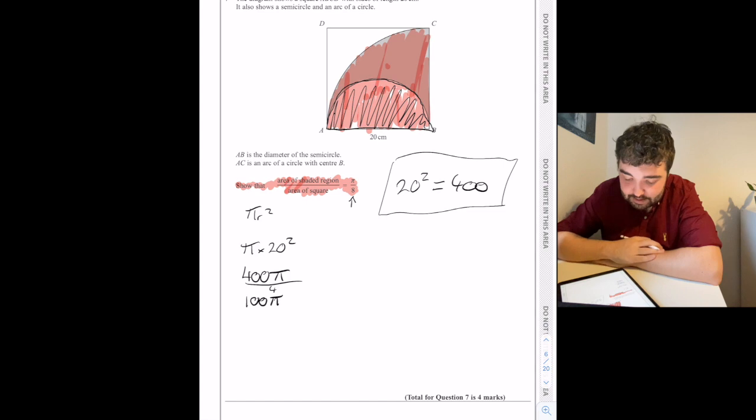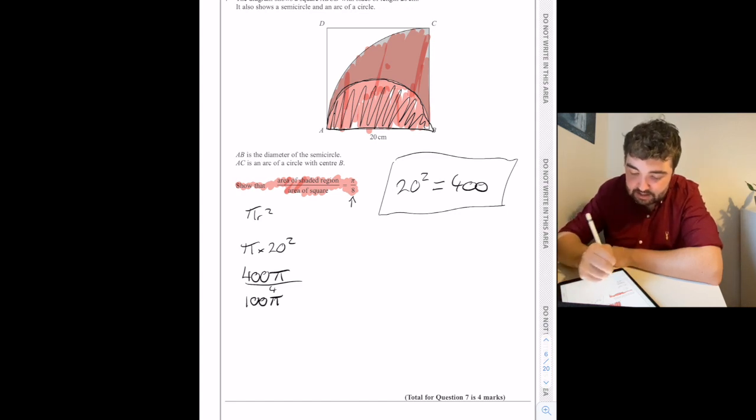Now, let's stick with the rest of our information. So, area of shaded region. The area of the shaded region is going to be the area of our quarter circle, 100 pi, minus area of semicircle. So, what is the area of our semicircle?